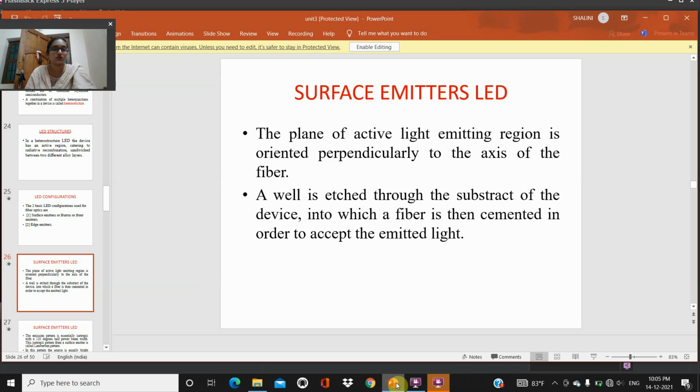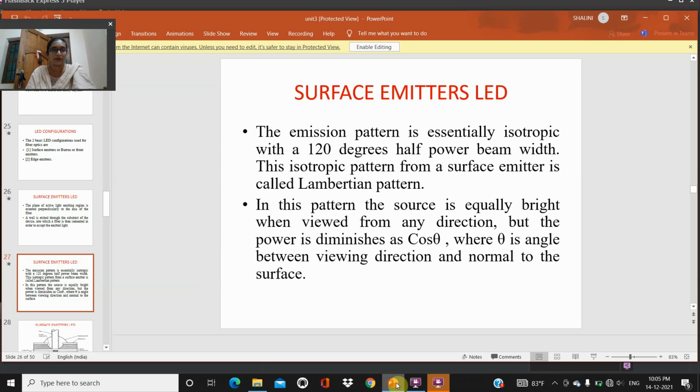A well is etched through the substrate of the device, into which a fiber is then cemented in order to accept the emitted light. The emission pattern is essentially isotropic with a 120 degrees half power beam width. This isotropic pattern from a surface emitter is called a Lambertian pattern.